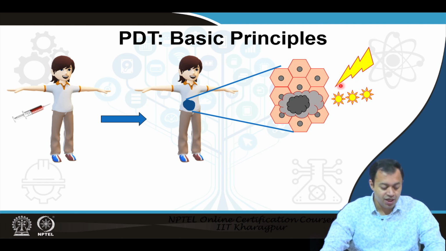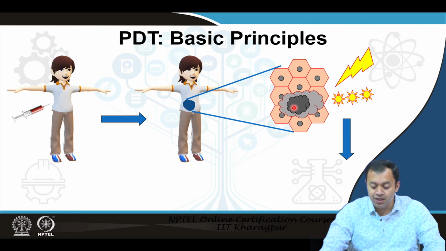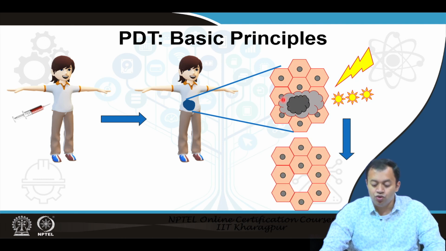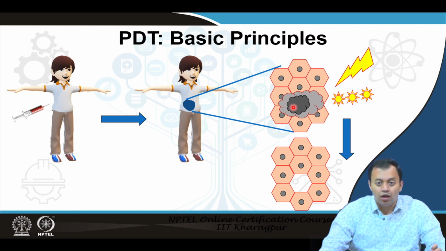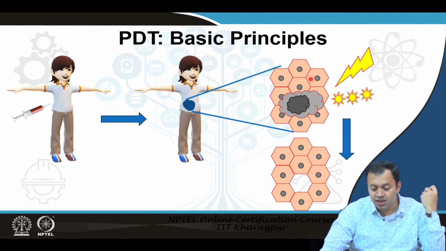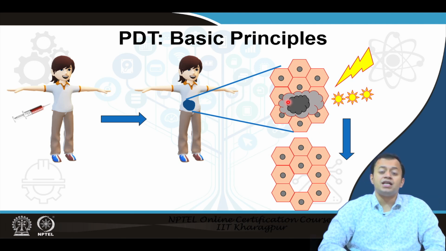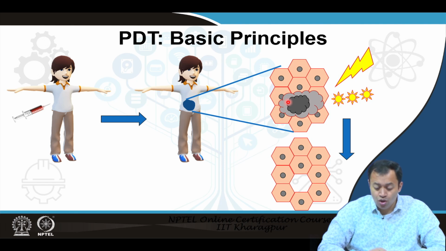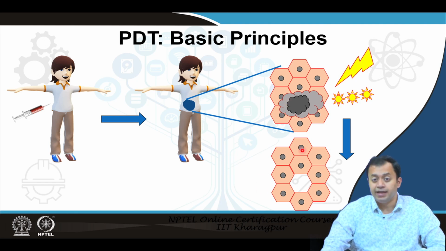You shine light, the light induces a biochemical reaction onto the tissue, and the tissue therefore gets destroyed, burnt, dissolved, vaporized or simply annihilated, leaving the nearby cells which the drug has not accumulated into with minimal damage.